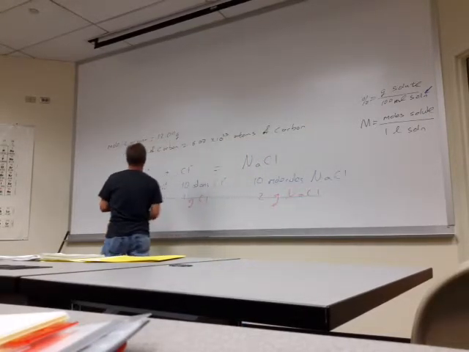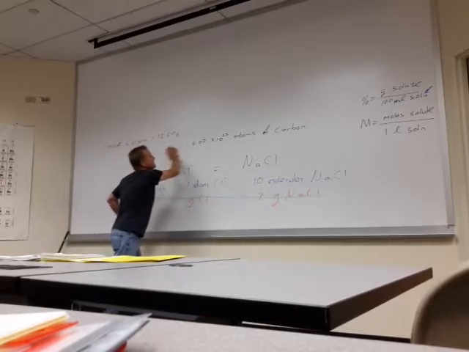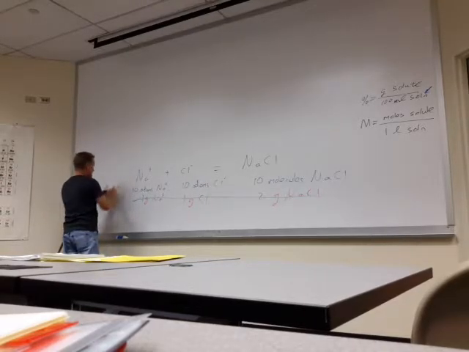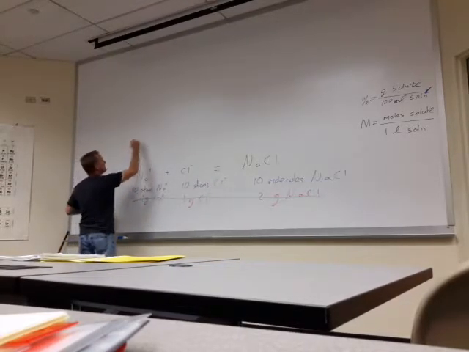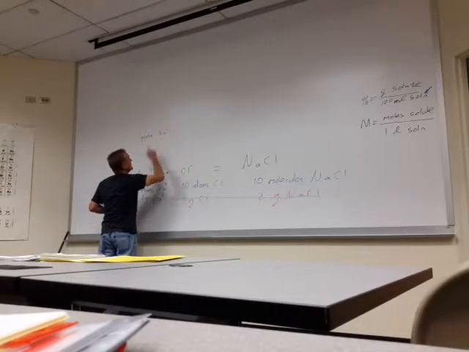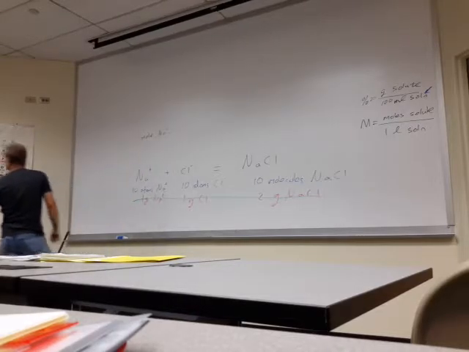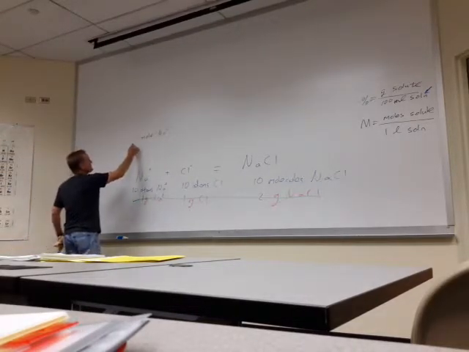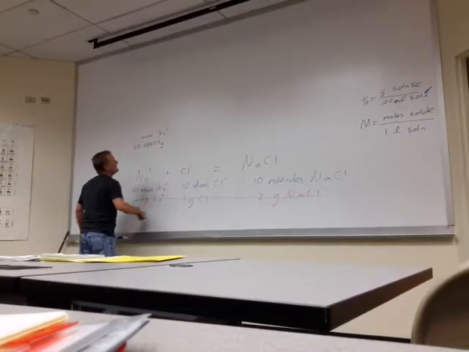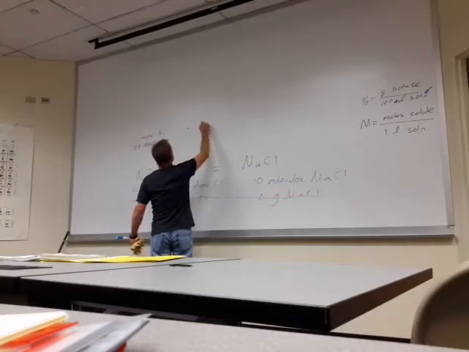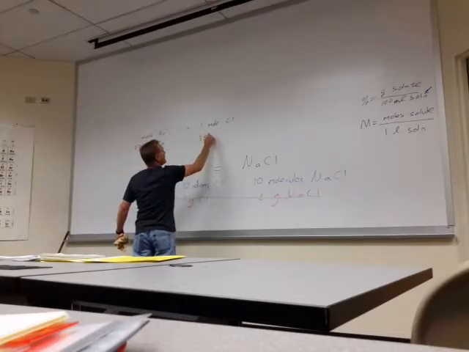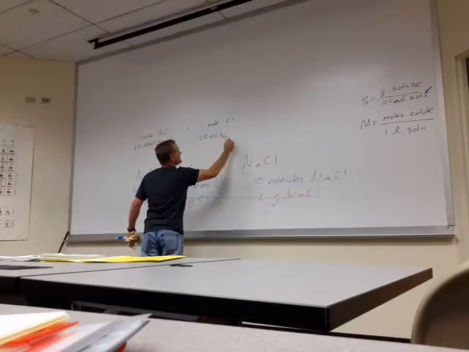But what will work is to take 1 mole of sodium, which will be 22.98977 grams, and combine that with 1 mole of chloride, which will be 35.453 grams.